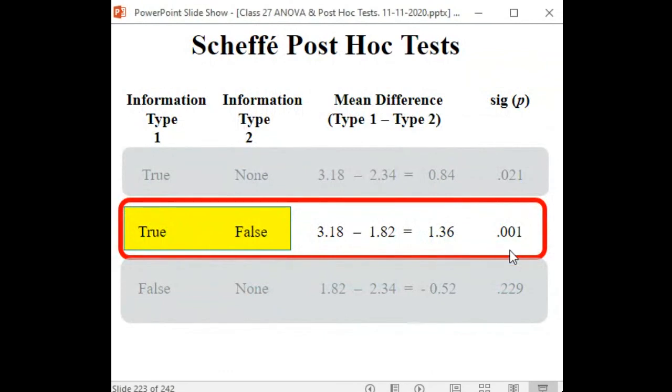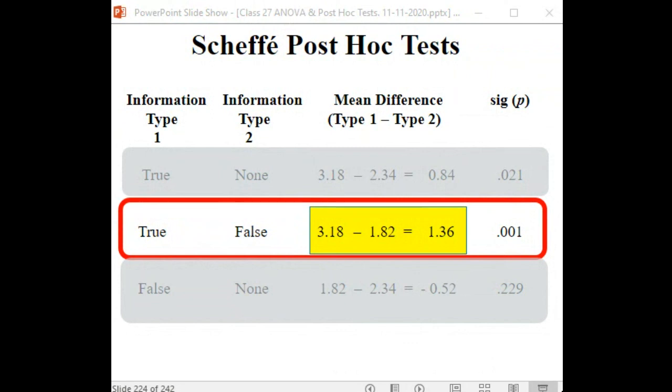So let's look at the difference between the two means. 3.18 minus 1.82 equals 1.36.